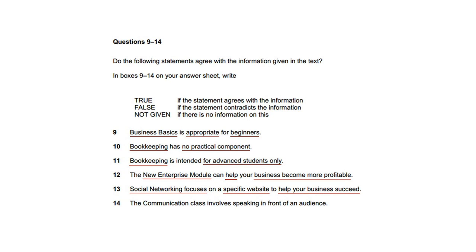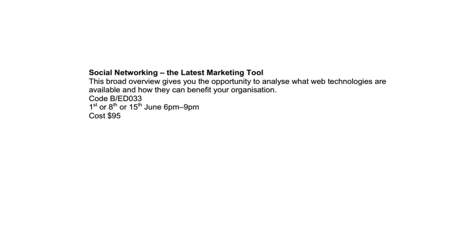Okay, now let's look at the text. We know that we need to focus on the social networking, the latest marketing tool text. So let's read it. It says, this broad overview gives you the opportunity to analyze what web technologies are available and how they can benefit your organization.